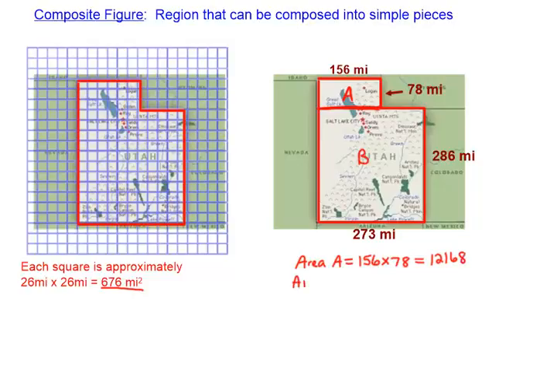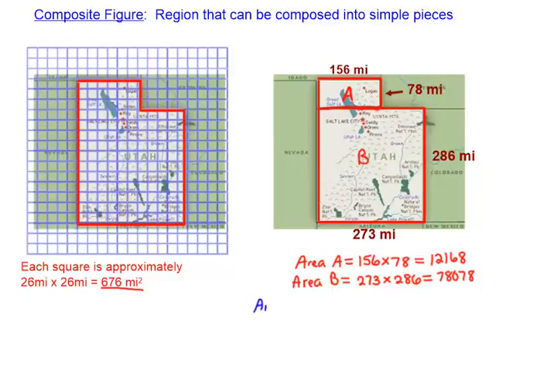Okay, so now I'm going to look for the area of B. And that's 273 times 286. Type that in my calculator and I get 78,078. Well, now all I have to do is add those two together and I'm good to go.